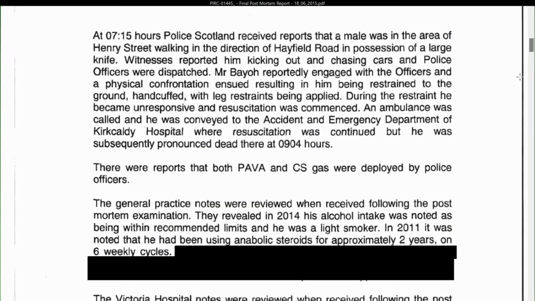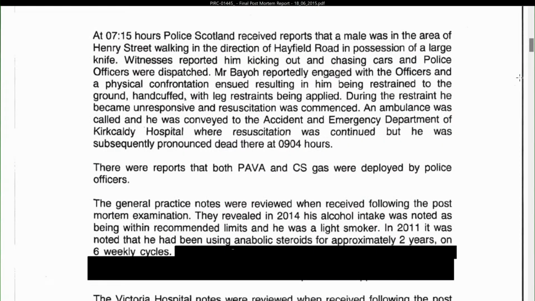So is this effectively a revisal of the initial work that you've already done in the initial provisional report after the post-mortem? Yes. So you're building on that in light of the new information you have. Yes. And we see that the second paragraph there were reports that both PAVA and CS gas were deployed by police officers. Yes. So you've been given further information and you've now incorporated the extra background information into this report.